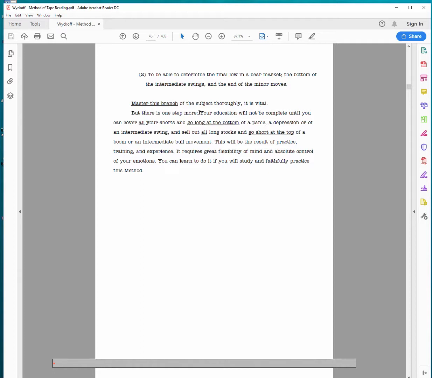But there's one step more. Your education will not be complete unless you can exit your shorts at the bottom and go long at the bottom, and exit your longs at the top and go short at the top. So this is kind of like a test for you. Now, that doesn't mean go out and do it, because you'd probably be wrong. There's skills involved in identifying how to catch these turning points.